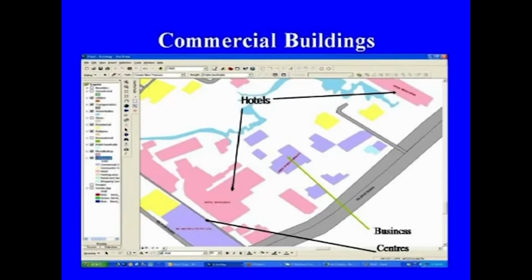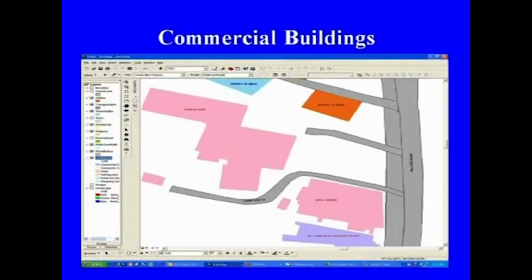This shows some of the commercial buildings which have been acquired, for example, the hotels and the business centers, and one can see the color with which they have been identified, so as to provide a distinct information set, so that they can be subsequently used independently of their characterization.